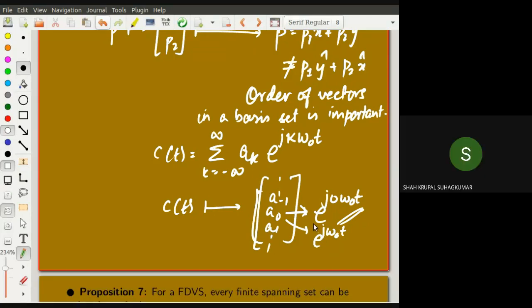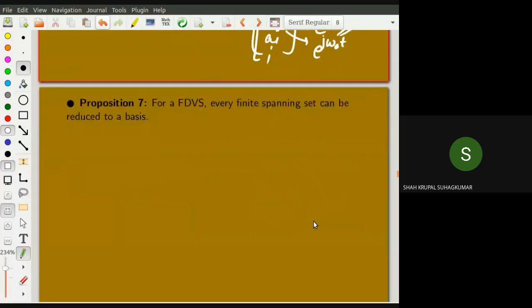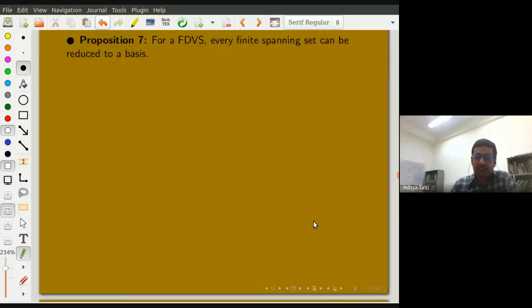Okay. So now let's look at some results based on the basis. The next proposition states that as long as we have a finite dimensional vector space, every finite spanning set can be reduced to a basis. Does that look intuitive to everyone?